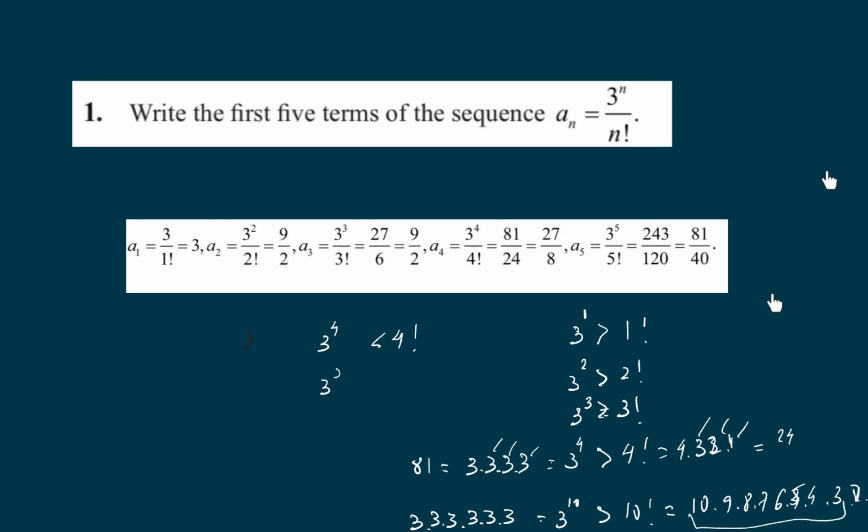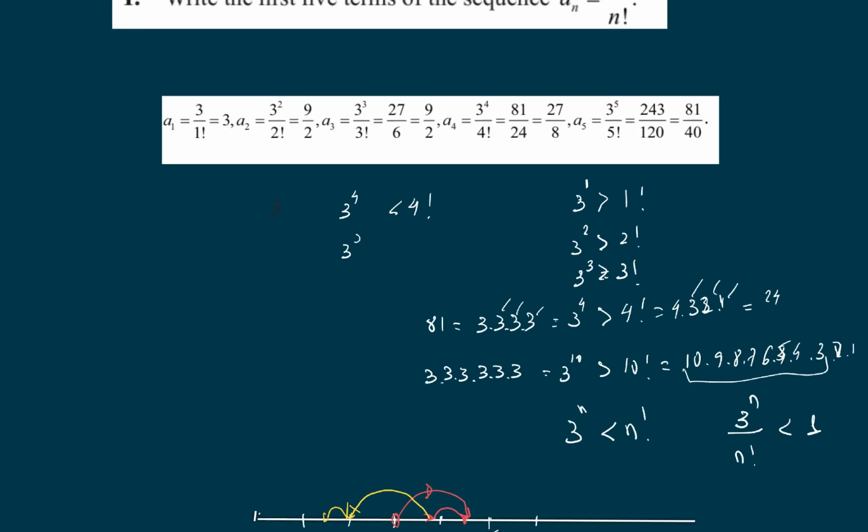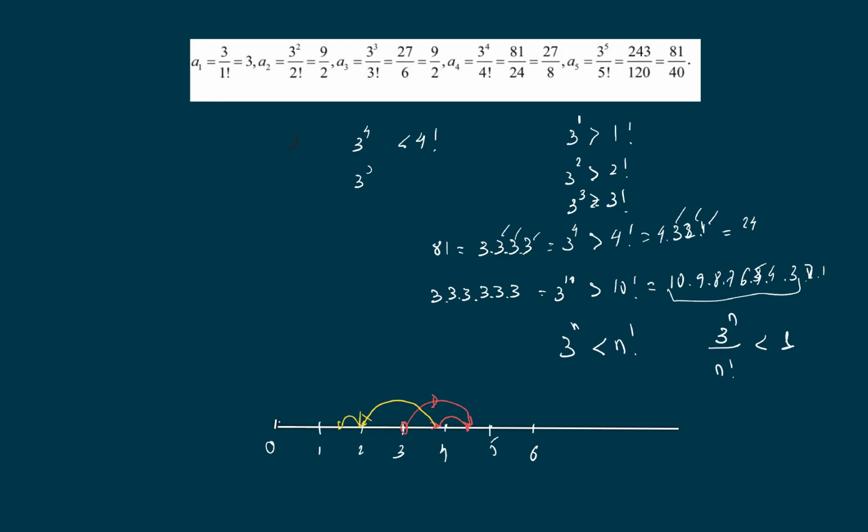So the idea is to visualize how the points move. The point starts at 3, here at this point at 3. Later on, a2 goes to 9 halves, which is 4.5, so it goes to here. a3 is 27 divided by 6, which is 9 halves, so it stays here.